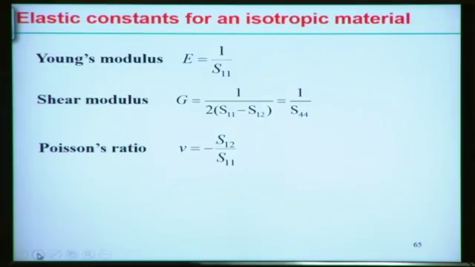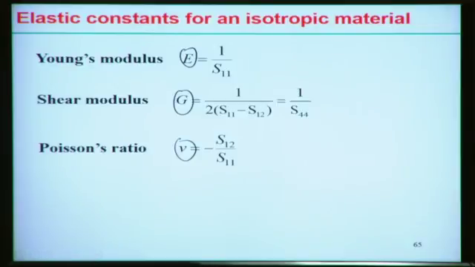Now we have already defined the different elastic properties or elastic constants, for example Young's modulus, shear modulus and Poisson's ratio.